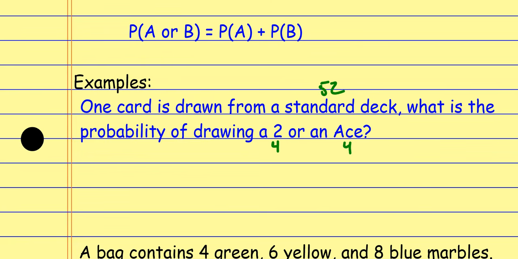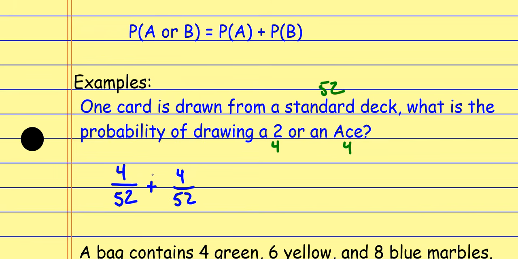So if I want the probability of one thing or the other, I ask, what's the probability of a 2? Well, there are 4 of those out of 52 cards. What's the probability of an ace? Well, there are 4 of those out of 52 cards. And or tells me I should add these. Remember, when you add fractions, you need common denominators. Here you should automatically have common denominators right out of the gate, so make sure you add these before you do any simplifying.